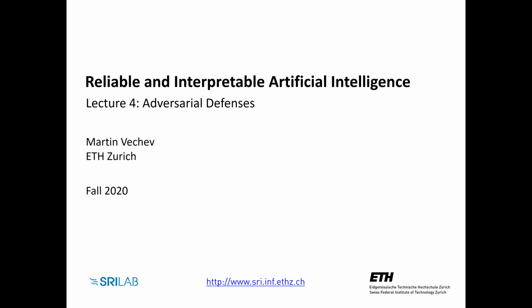Now, if you recall, in the last couple of lectures, we looked at adversarial examples in various settings: audio, images, natural language processing, and we studied algorithms using which we can actually find these adversarial examples, called adversarial attacks.